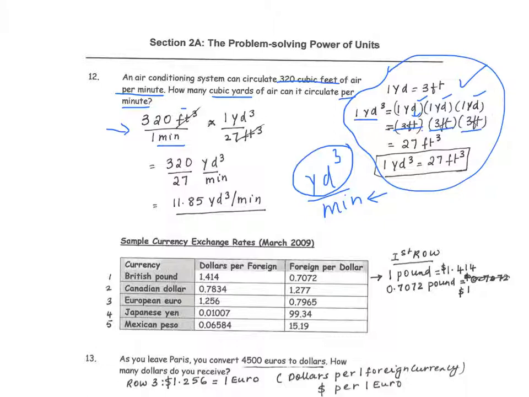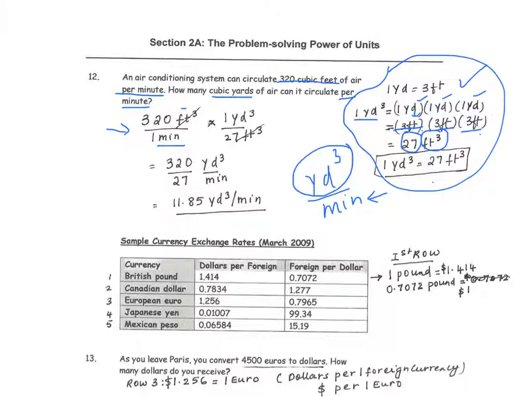So 1 yard times 1 yard times 1 yard is 3 feet times 3 feet times 3 feet. Multiplying all the numbers, 3 times 3 times 3, we get 27, and feet times feet times feet is cubic feet. So we have the conversion equation: 1 cubic yard is equal to 27 cubic feet. This is the equation that we're going to use to convert cubic feet to cubic yards.